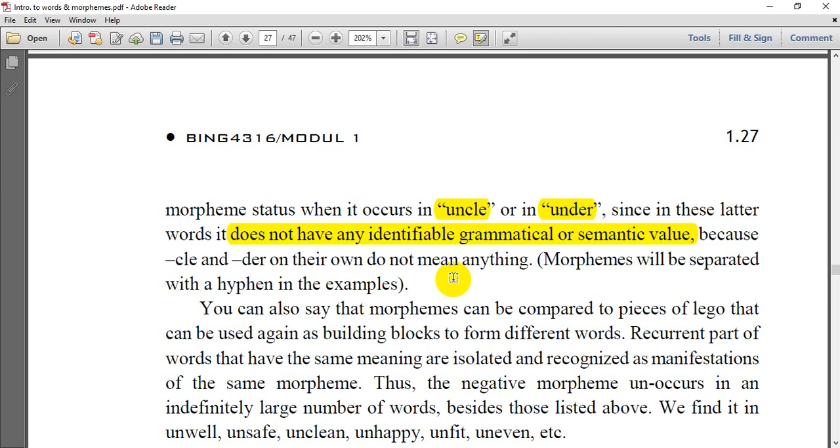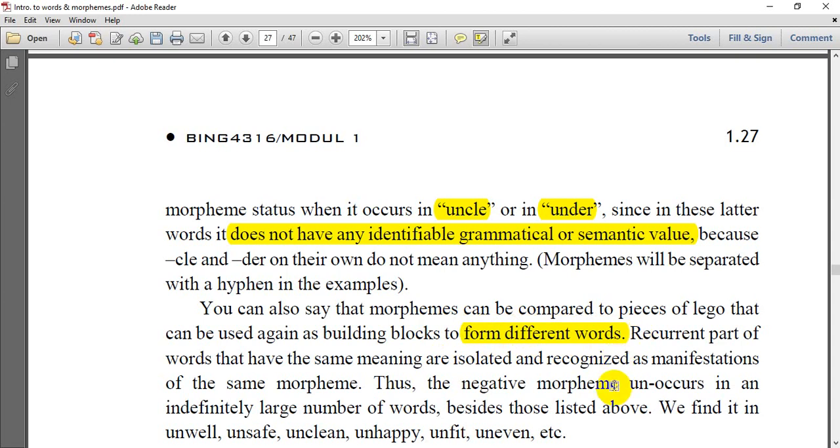You can also say that morphemes can be compared to pieces of Lego that can be used again as building blocks to form different words. A recurrent part of words that have the same meaning is isolated and recognized as a manifestation of the same morpheme.